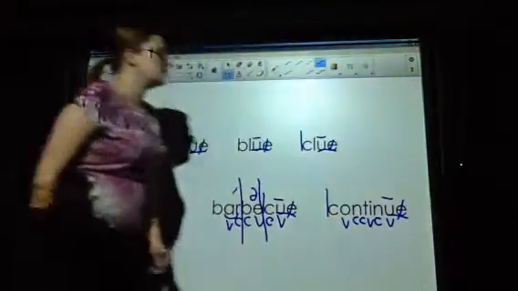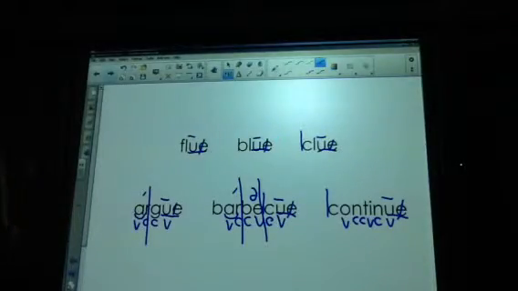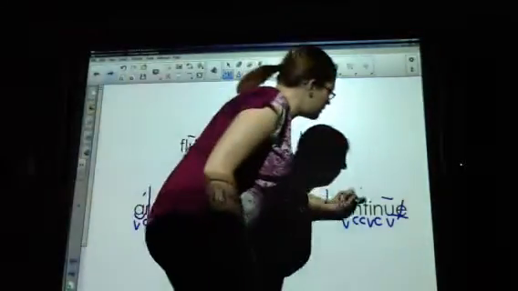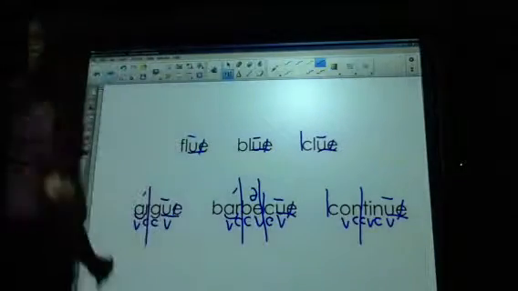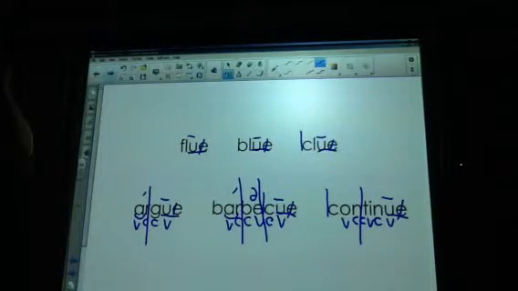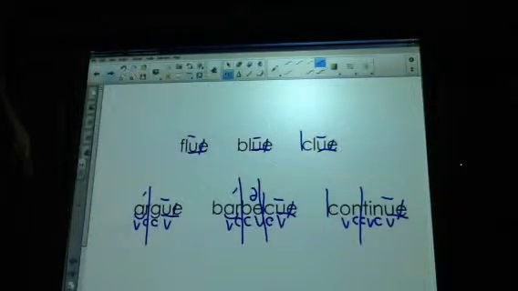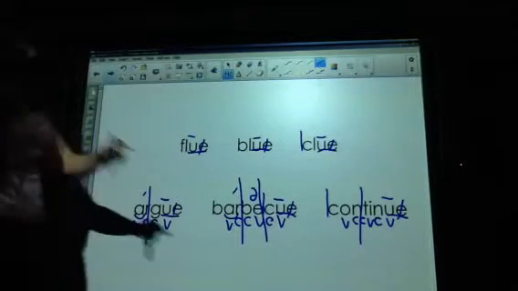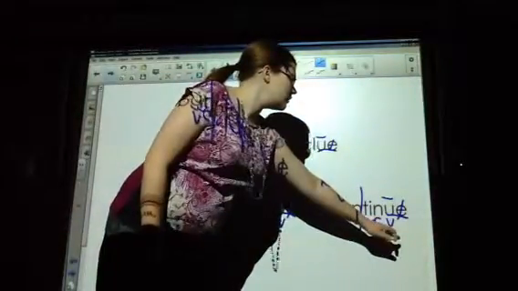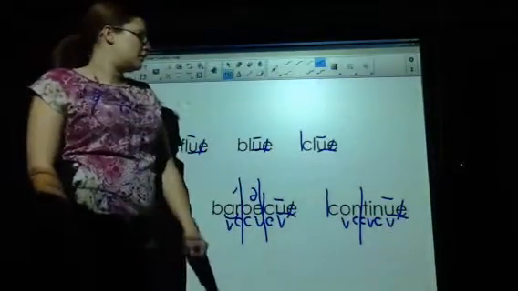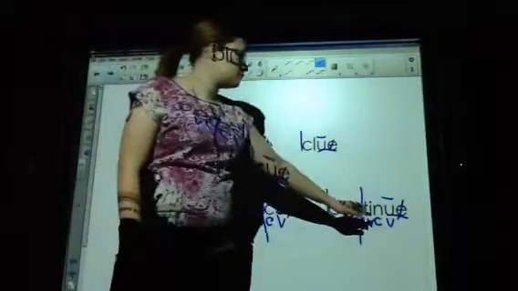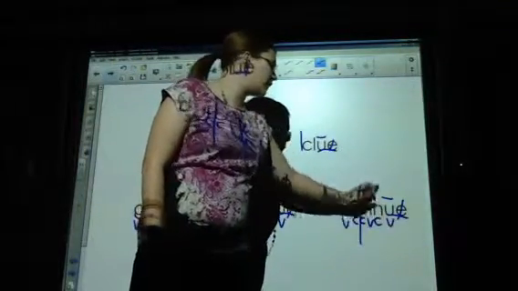And the T. And the T, okay. Divide it between the consonants. And divide it after the second vowel on the other one. In between the consonant and the vowel, okay.